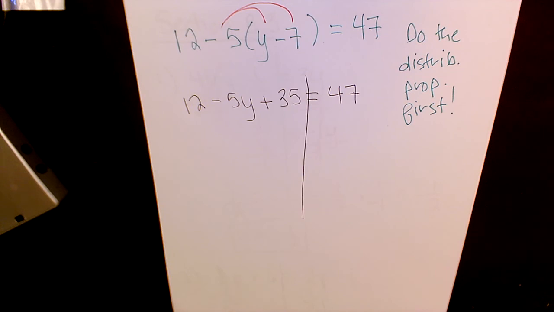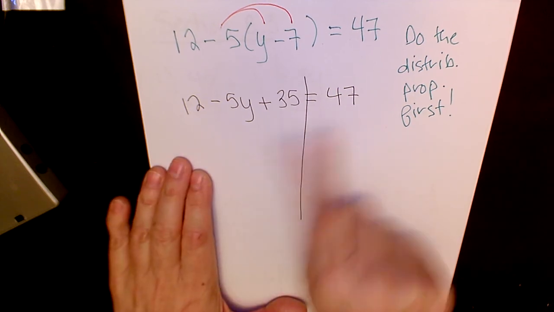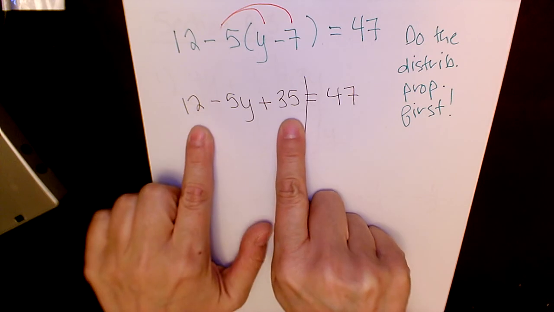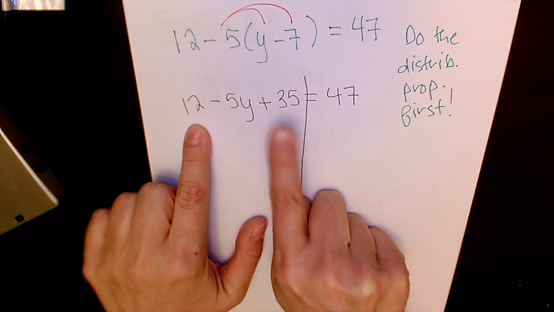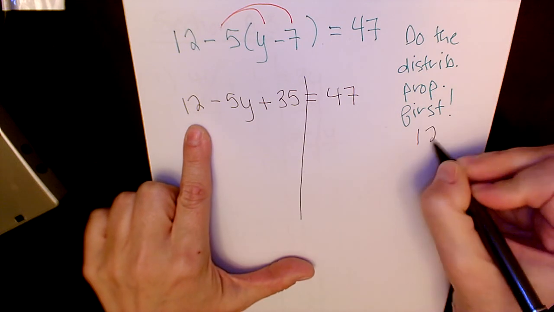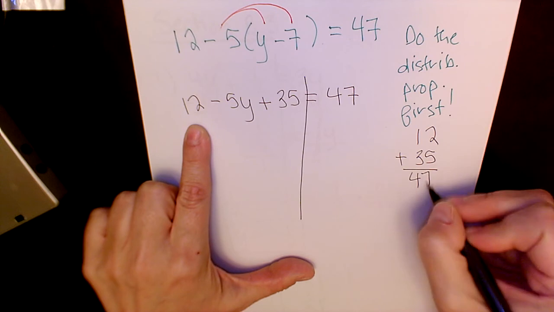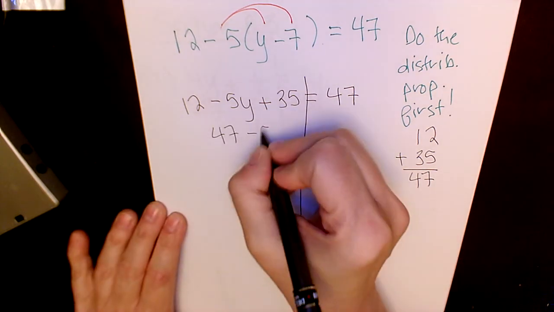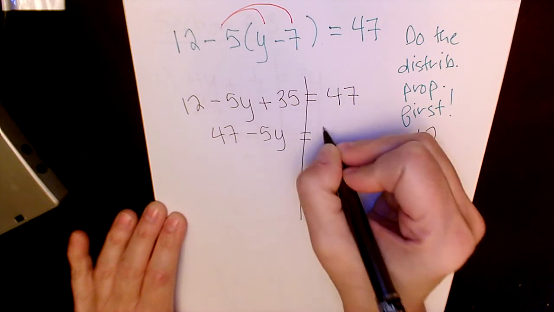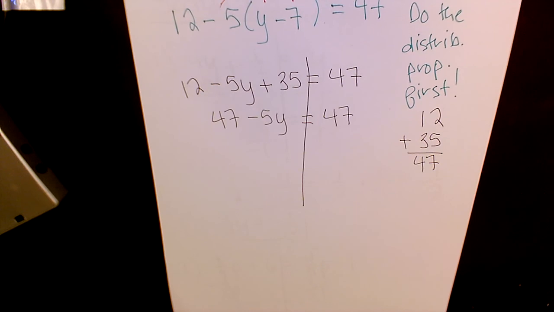And then I'm going to look on this side. I just have a 47 on this side, but on this side, I've got two like terms, or two numbers that I can put together. What's 12 and 35? Well, that's 47. So I've got 47 minus 5y equals 47.